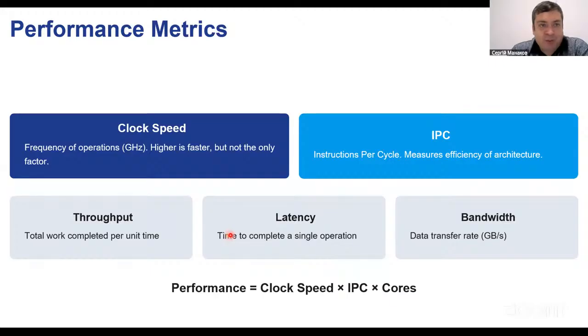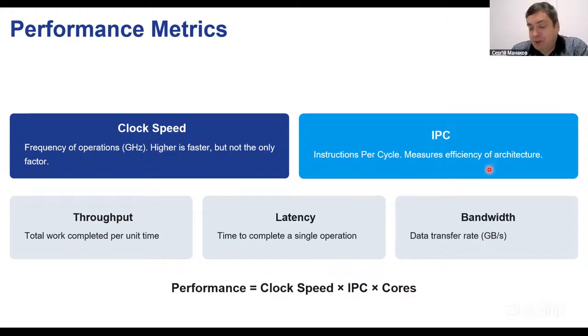Next, about the performance metrics. Clock speed: frequency of operations measured in gigahertz. Higher is faster, but not the only factor. IPC, instructions per cycle: how many instructions are executed per one cycle, measures efficiency of architecture.